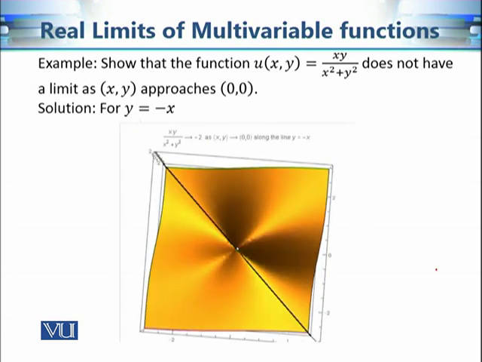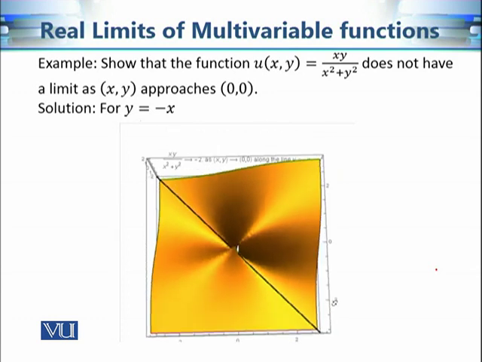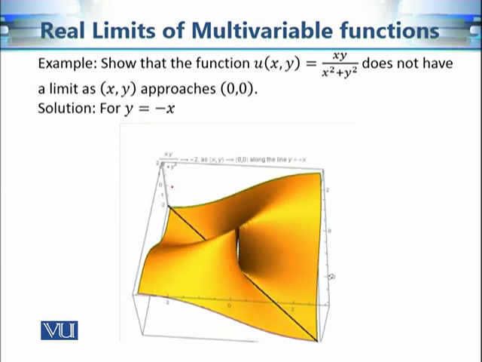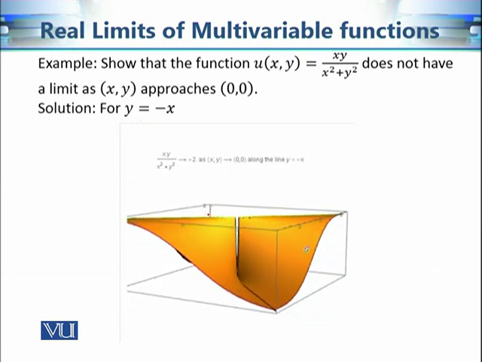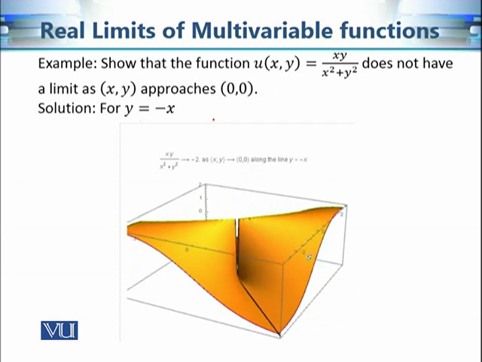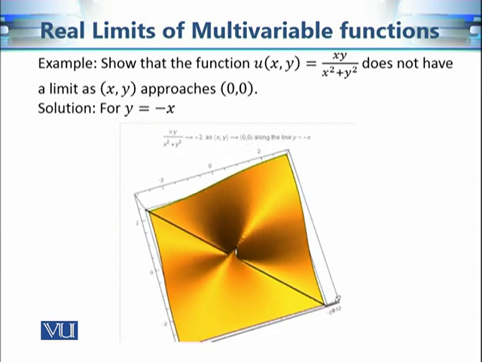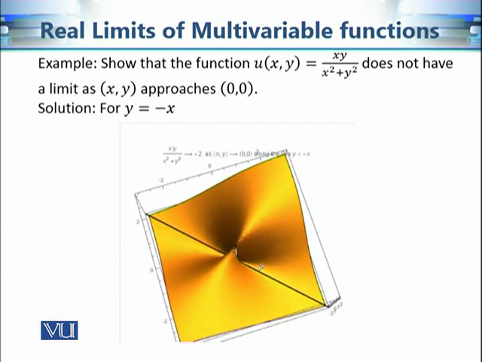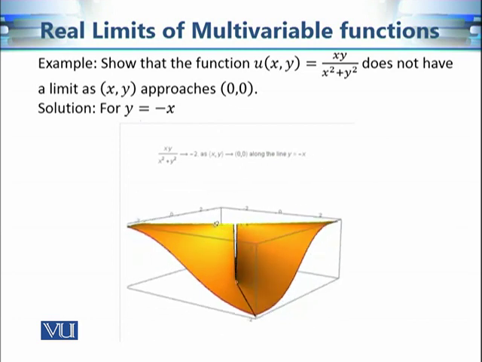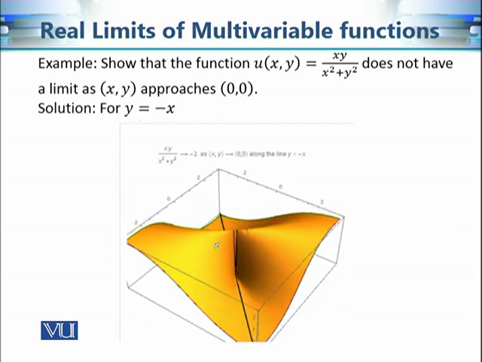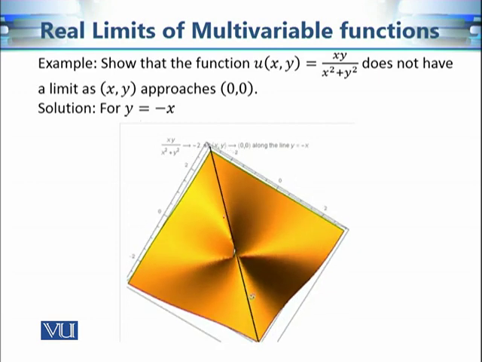Now let's see geometrically what is happening. So once again this is the graph of the function, and if we are calculating the limit along the line y is equal to x, you can see a black line which is the line y is equal to x. Now when we are moving on the graph of the function along this line, since there is a gap over here, we are approaching a point which is below the point which we calculated in the earlier case.